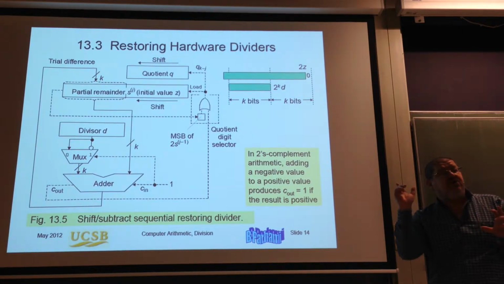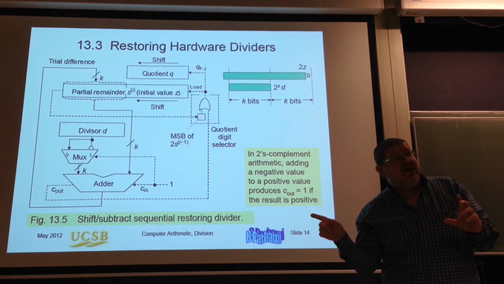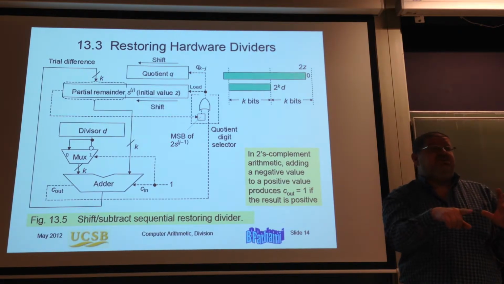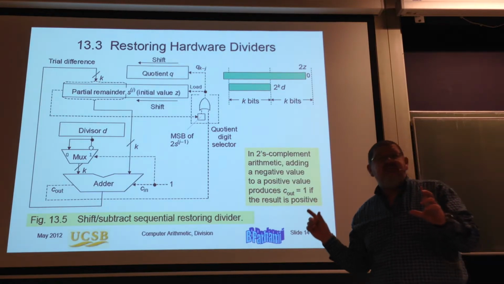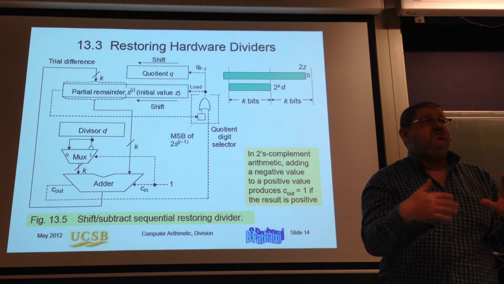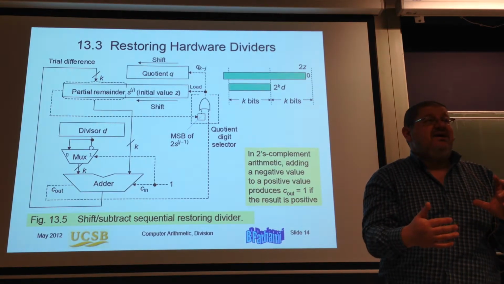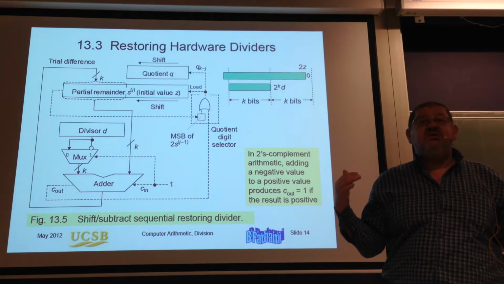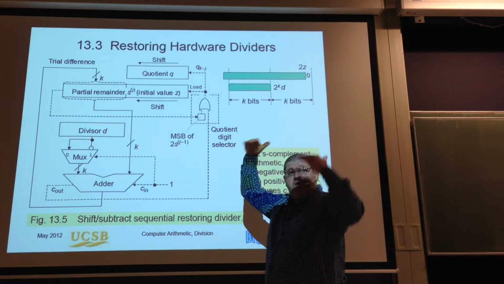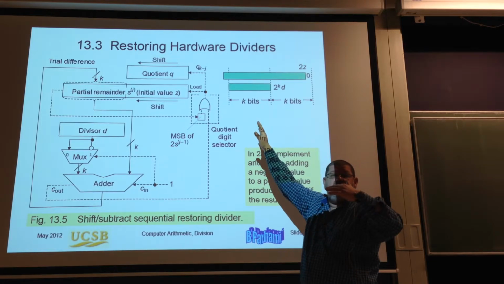I said I could do a comparison, then decide on the quotient, and then do the subtraction. But this will cost me 2 additions. What I can do instead is make my best guess, my optimistic guess, which says Q is 1. Let's do the subtraction. If the result is positive, my guess was good, and I can update the partial remainder: the trial difference can come inside, and the quotient can be updated with 1.